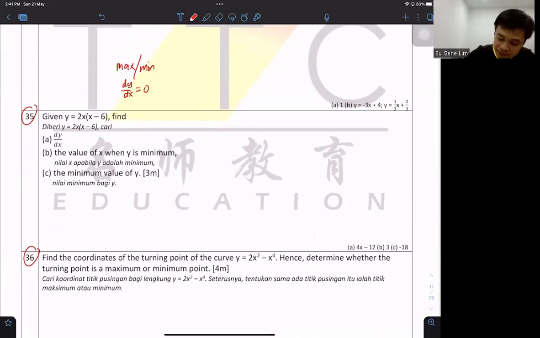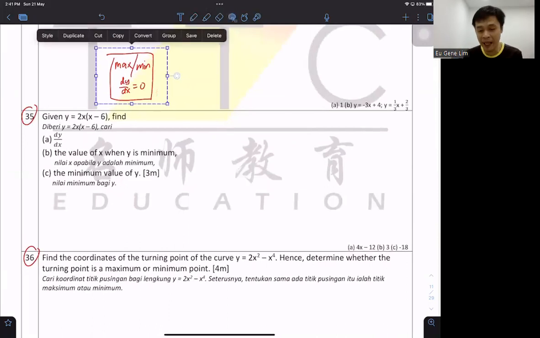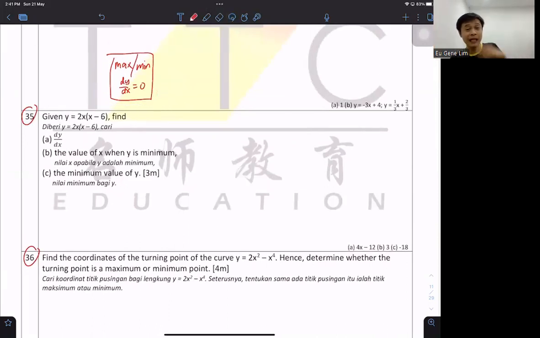That's the formula, very easy to remember. Every time you see the word maximum, every time you see the word minimum, dy dx equals 0.